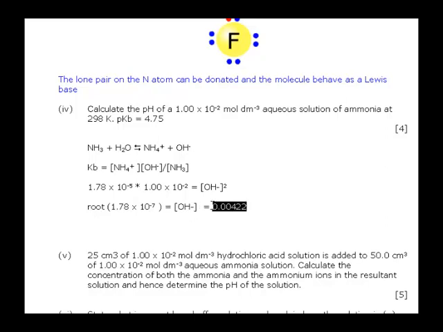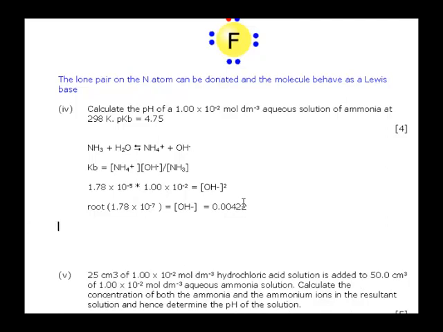Well, we've got the OH minus ion concentration now, so we can find out the pOH, which is minus log 10 of the OH minus ion concentration. pOH equals minus log OH minus ion concentration. And so we just take the negative of the log of that, and it comes to 2.375, 2.38.